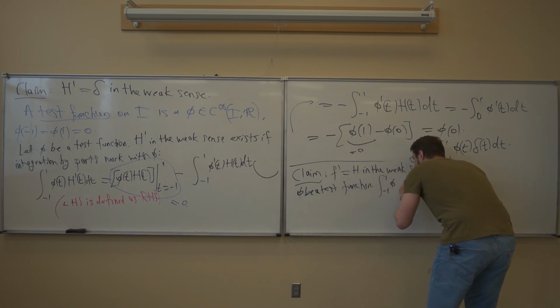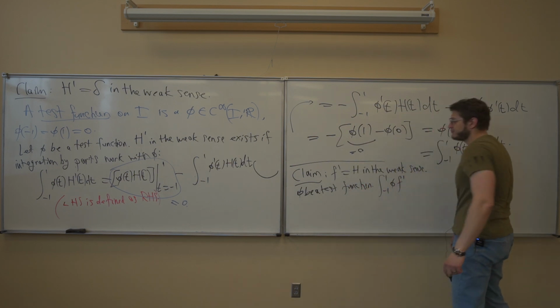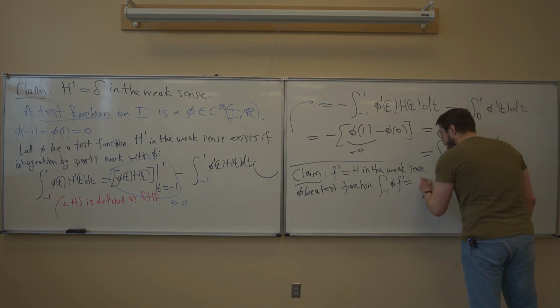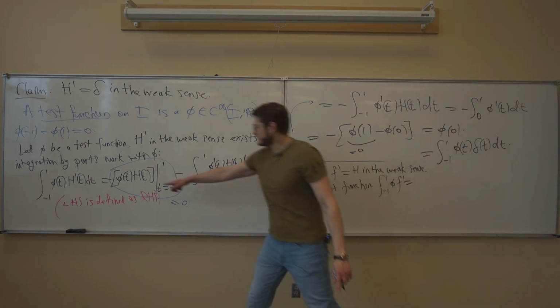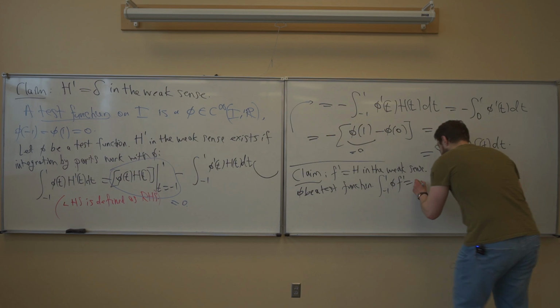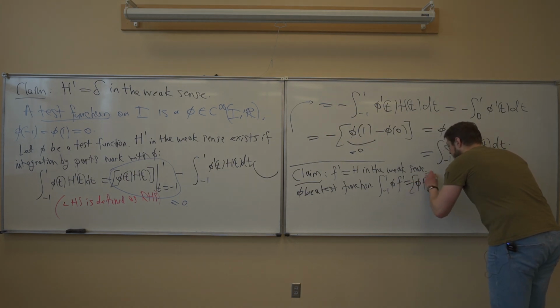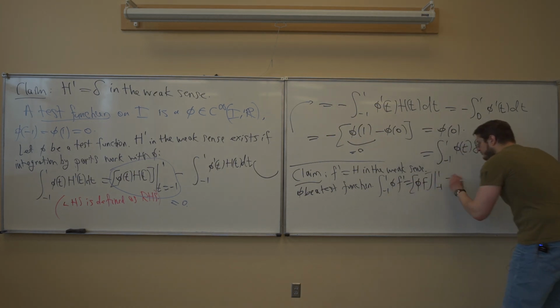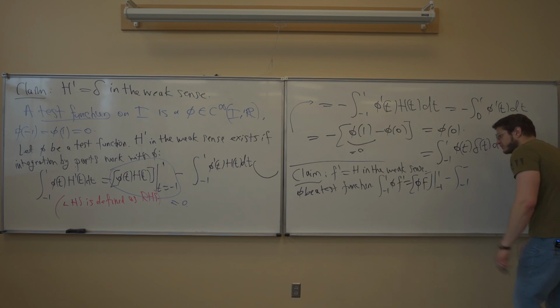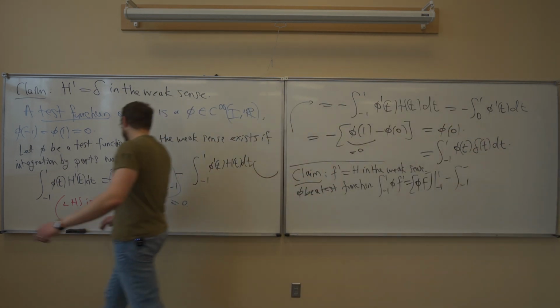The integral from -1 to 1 of phi f prime equals, again, by integration by parts, phi times f from -1 to 1 minus the integral from -1 to 1 of phi prime f.